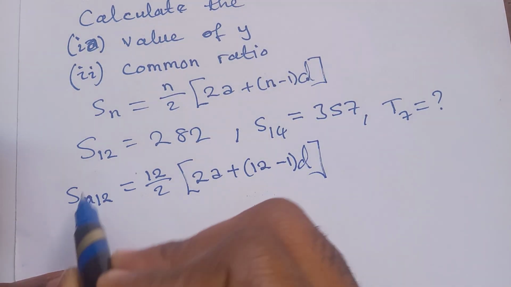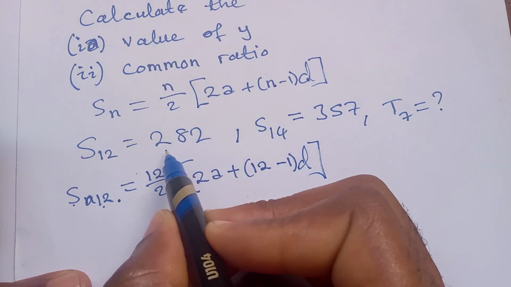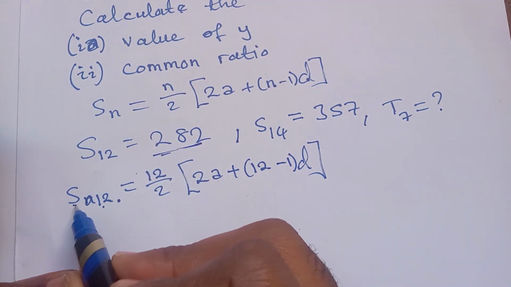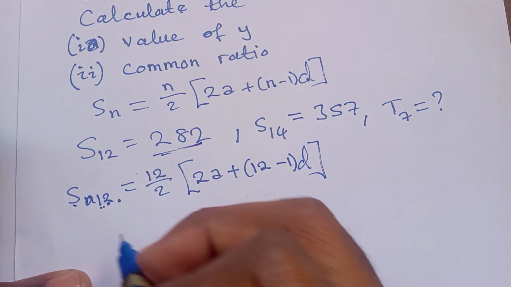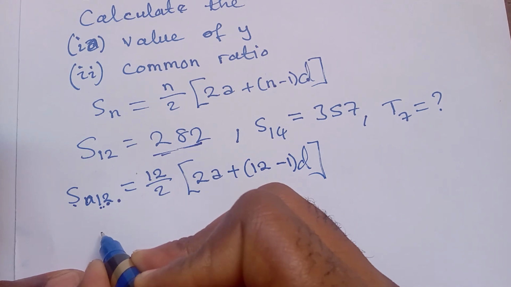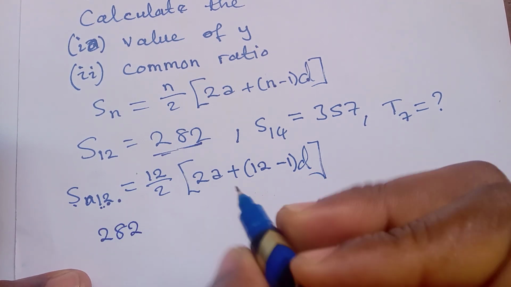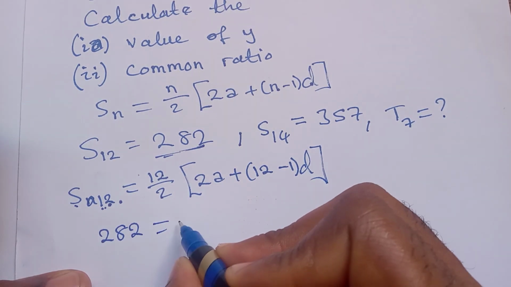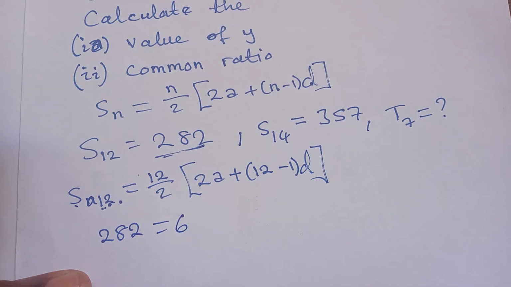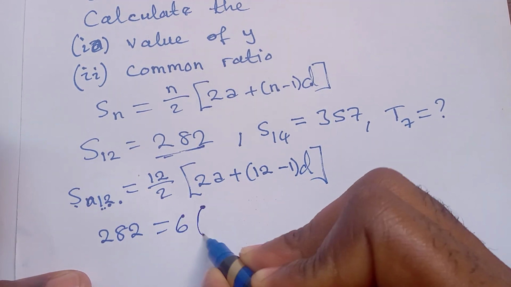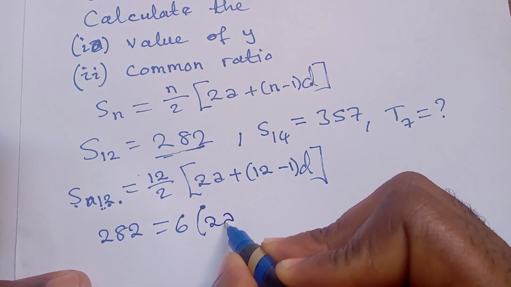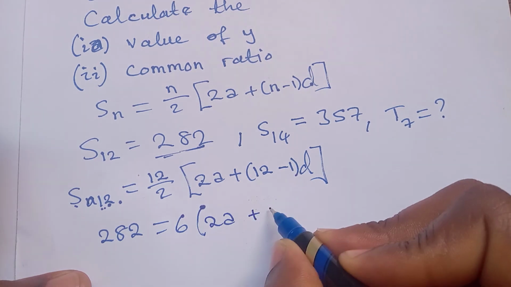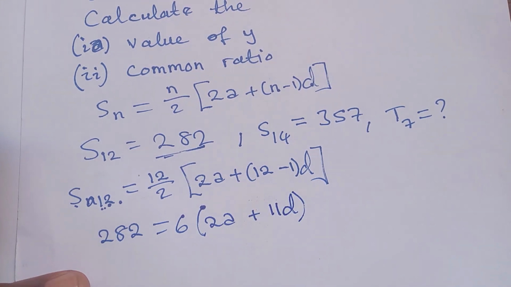But we know that S sub 12 is equal to this. Remember, the sum of the first 12 terms is 282. And then 12 into 2 is a 6, and then we can have 2a plus 12 minus 1, which is 11d.